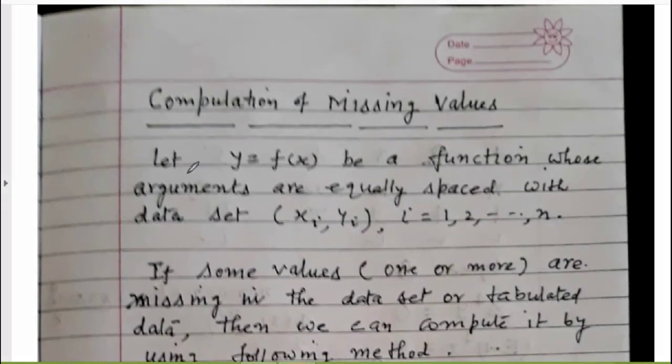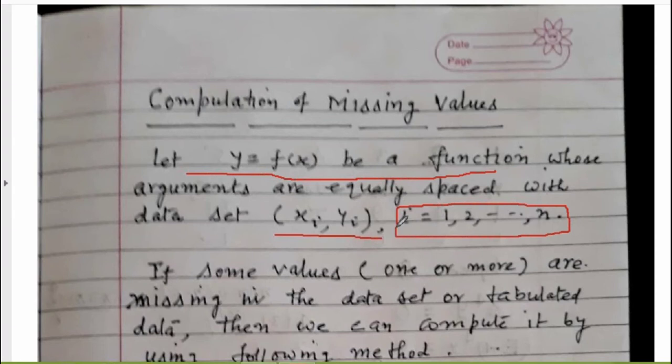Computing the missing values. We are considering here the function y equals f(x), and the corresponding data set is (xi, yi). This point is to be taken mindfully, because I have taken i ranging from 1 up to n.